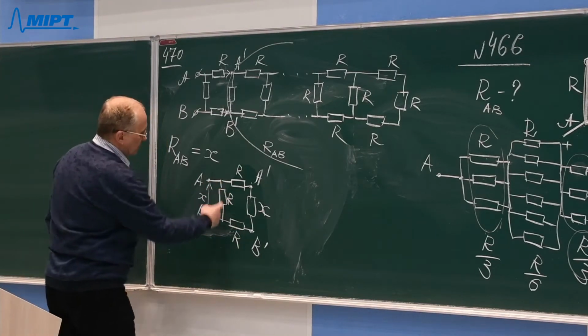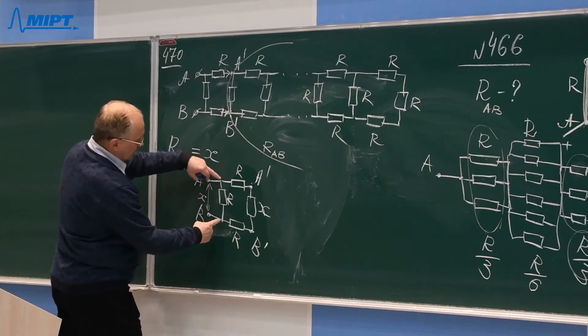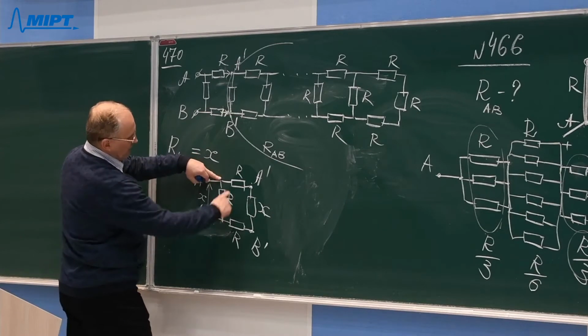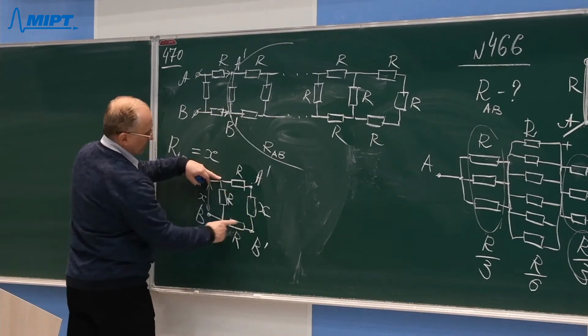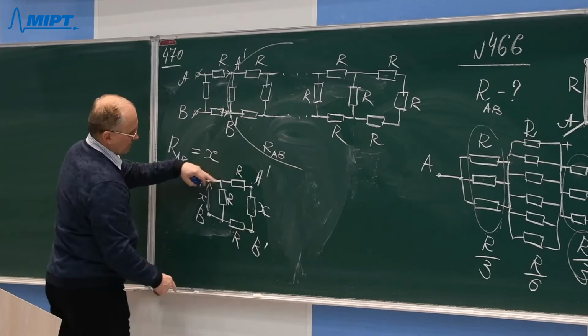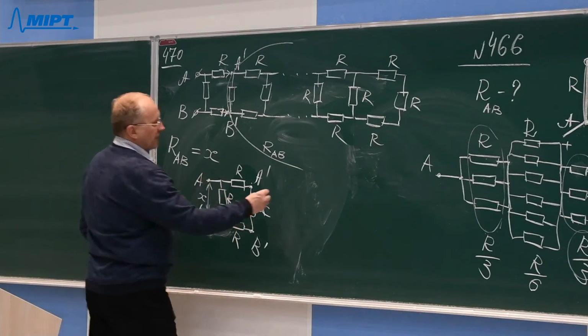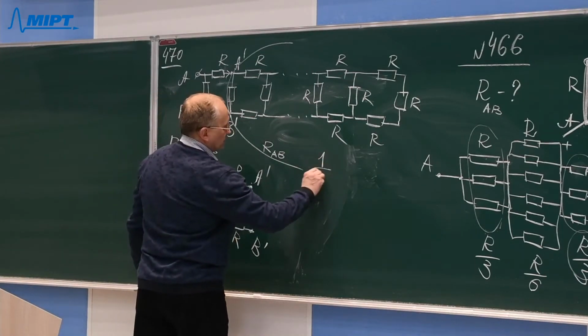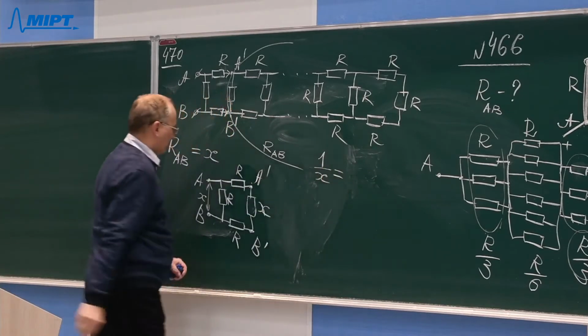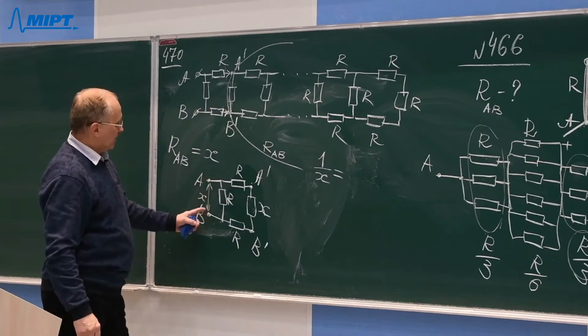We have a parallel connection of resistor R, this one, and 3 other resistors, one of which is X. So for parallel connection, we may use this very well-known formula for the resistance in parallel connection.